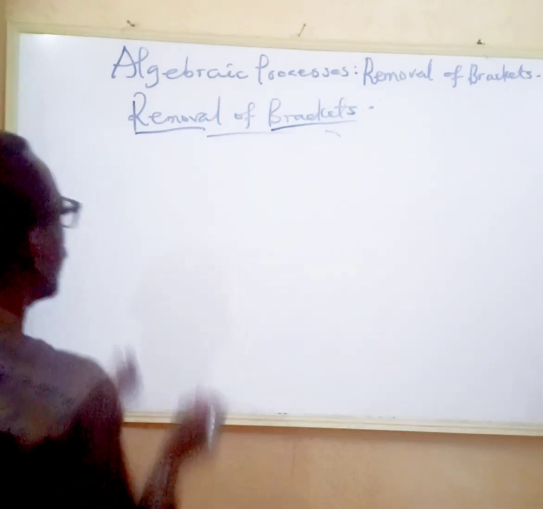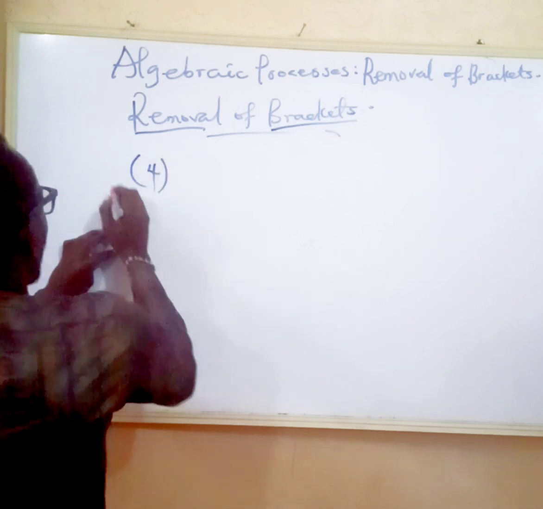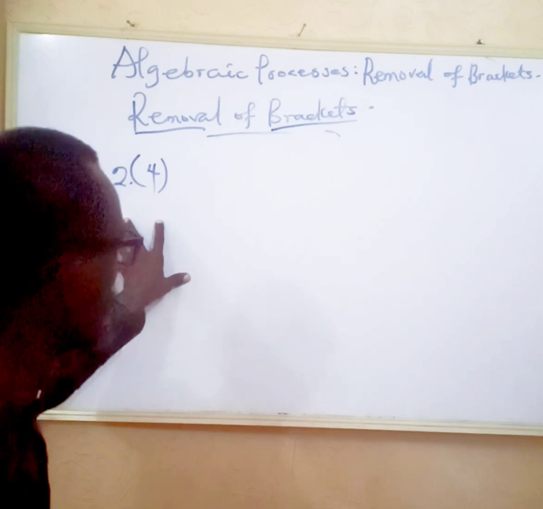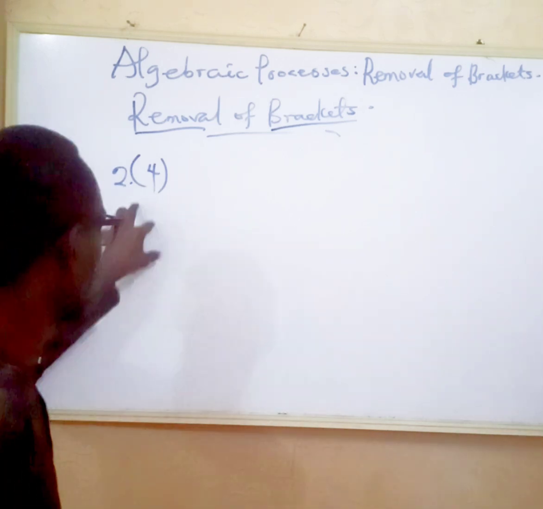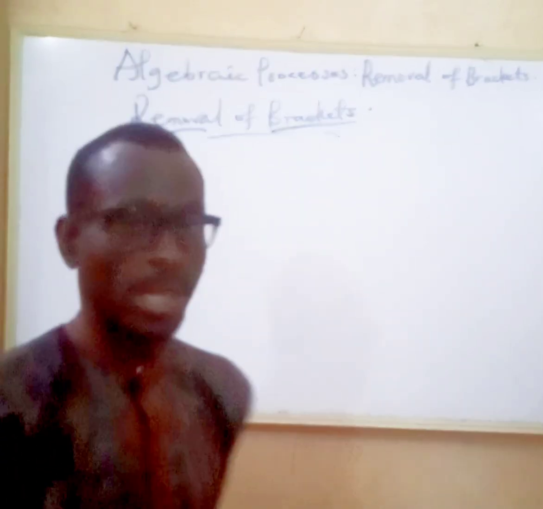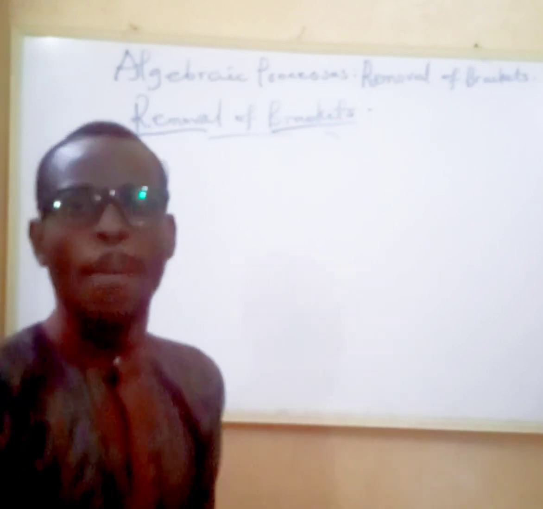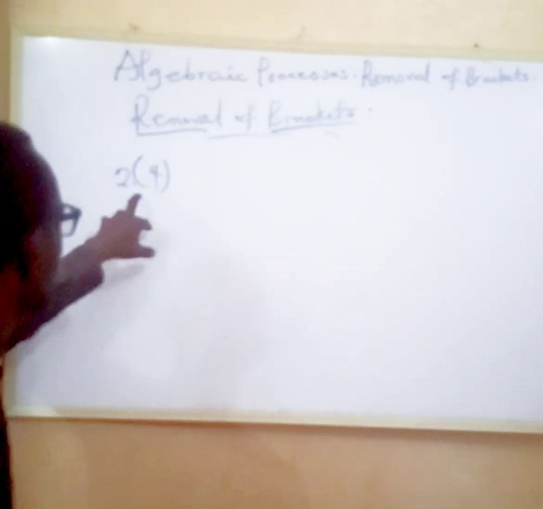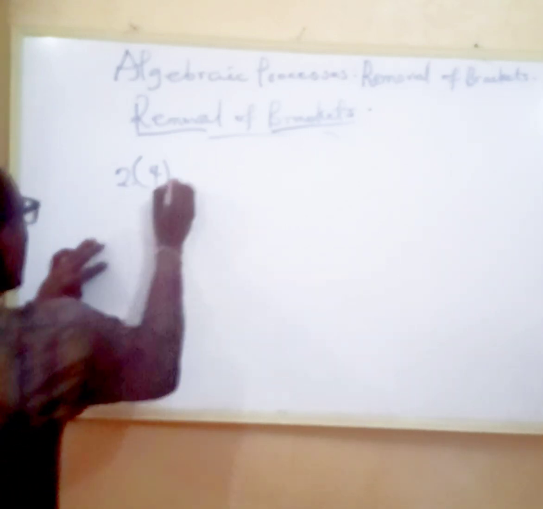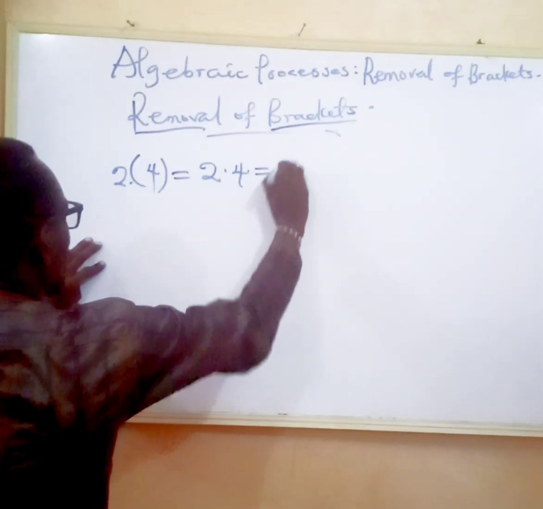When we have something of this nature, 4(2), we have done this in the earlier video, and for us to remove the bracket, we have said the bracket is a tool, a mathematical operator serving as a tool when it comes to tackling mathematical problems. And this bracket simply means multiplication. That means you are multiplying 2 by 4. That is what it is.